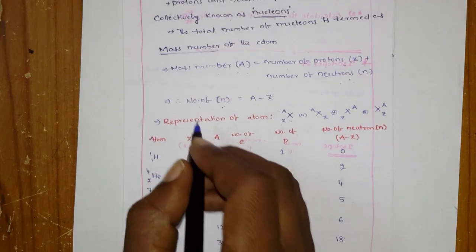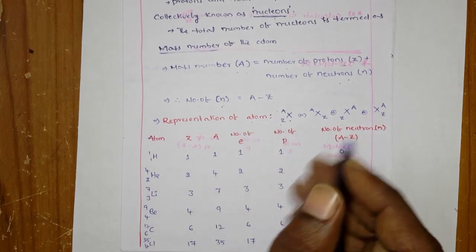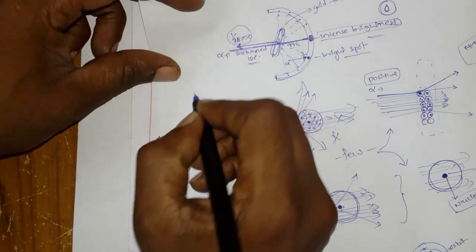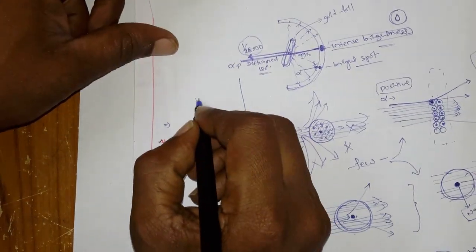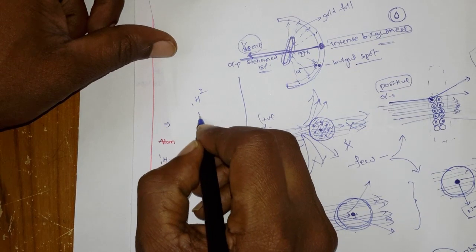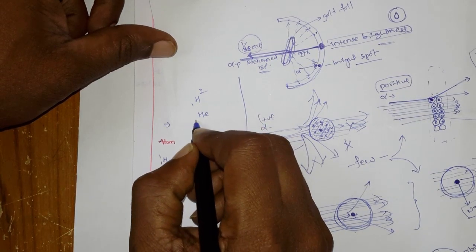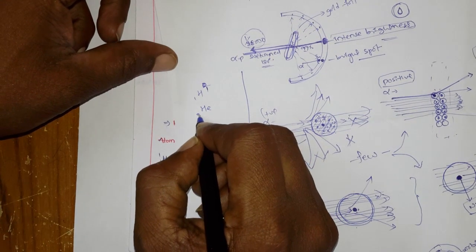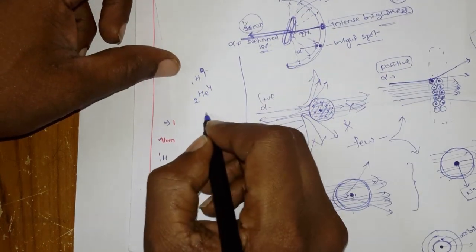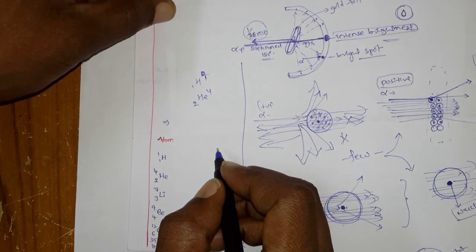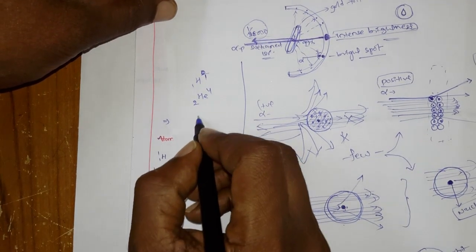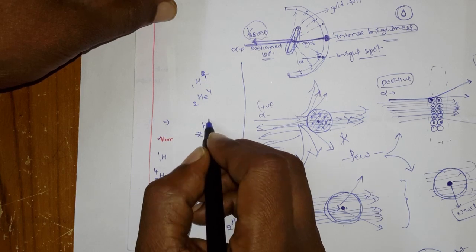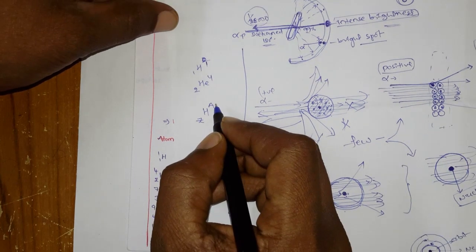Now the representation of an atom: in most books they write hydrogen as 1 1, helium as 2 4. The lower number is the atomic number, and the upper number is the mass number.